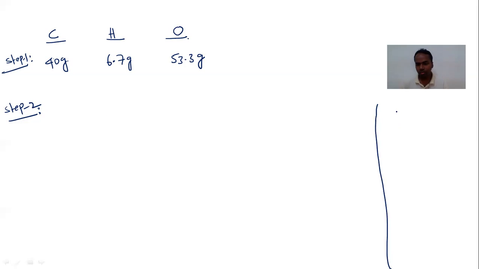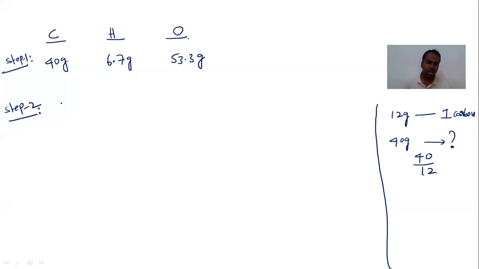If we take 12 grams of carbon, the gram atomic mass of carbon is 12 grams, and that is equal to one carbon atom. Like that, if you take 40 grams, how many carbons are there? Then how can you find it? 40 into 1 by 12. That is all we have to do here.